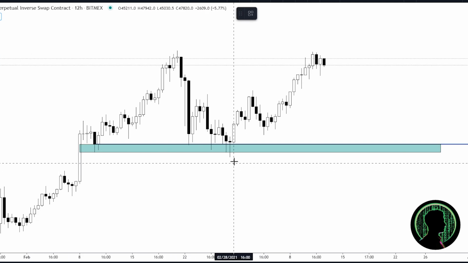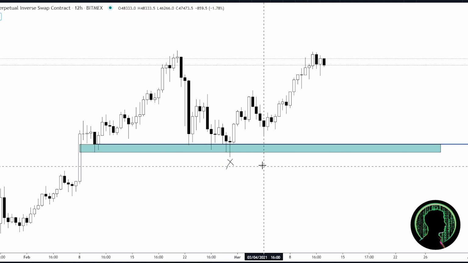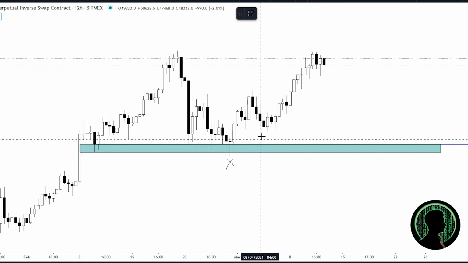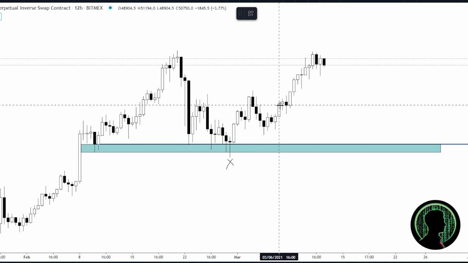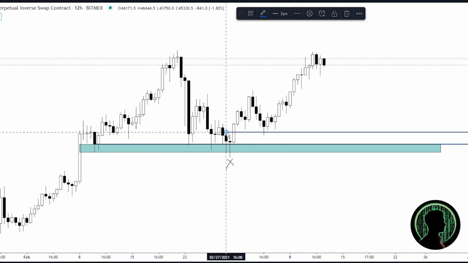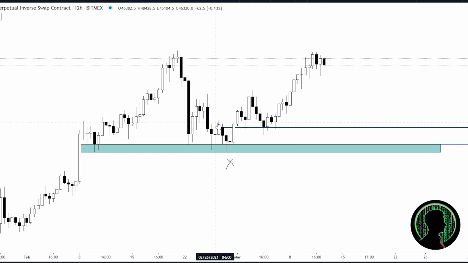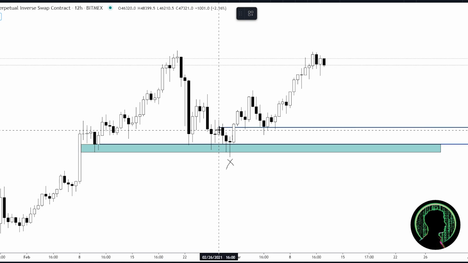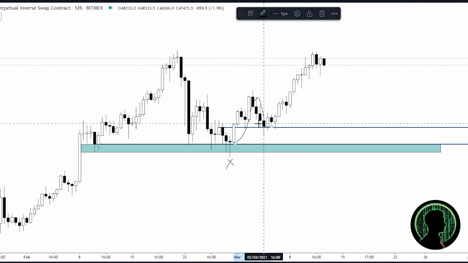So then boom, you get an entry, right? Maybe you only get one BTC order in, and you want 5 BTC. Well, guess what? Boom, you get a clean retrace of the breakout, right?